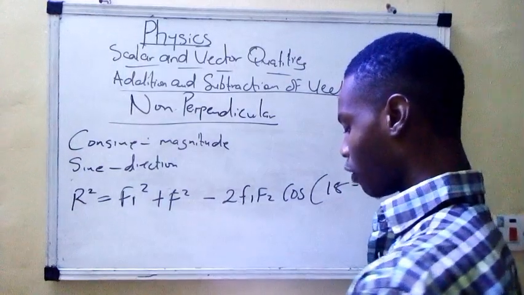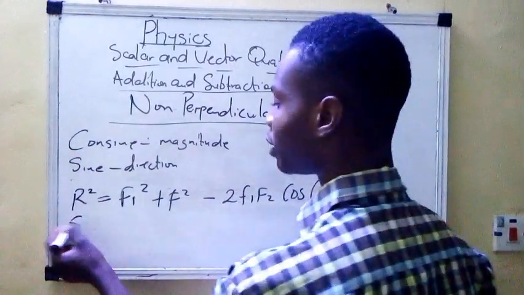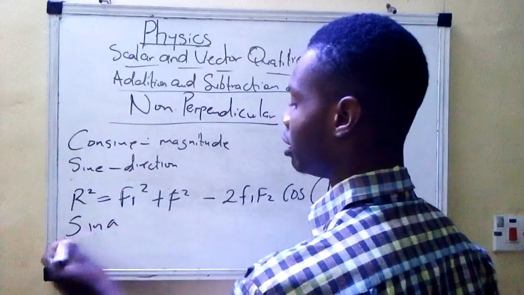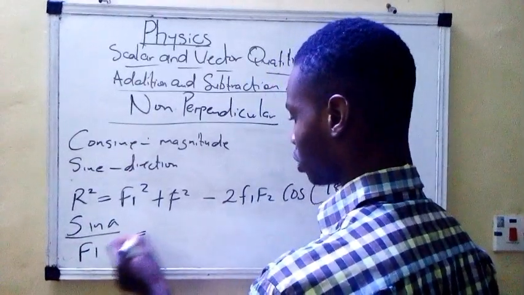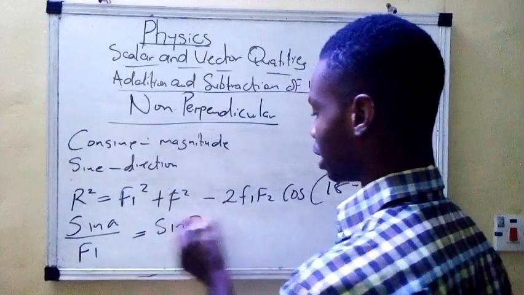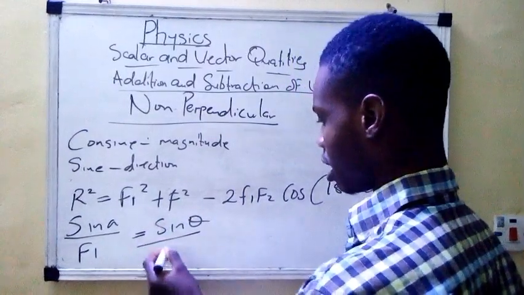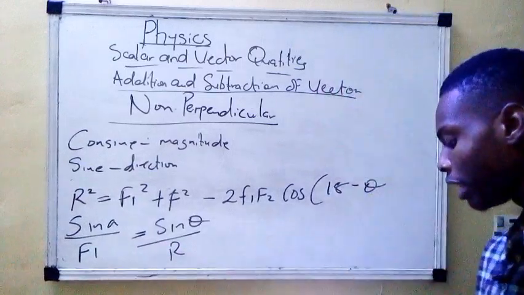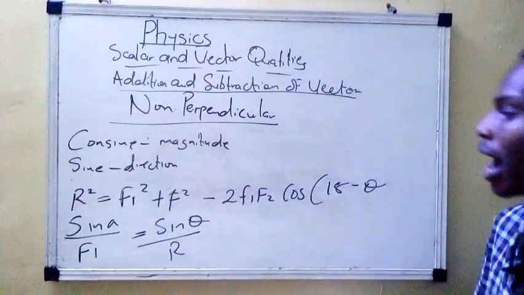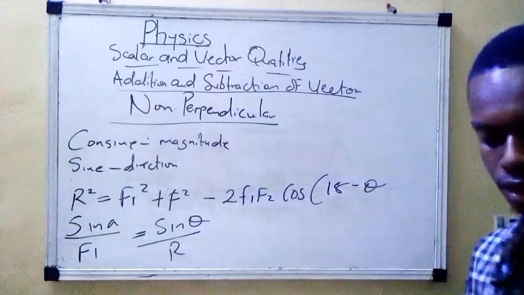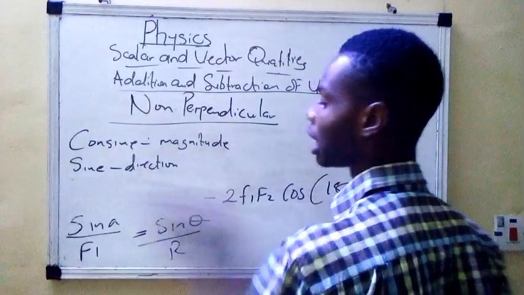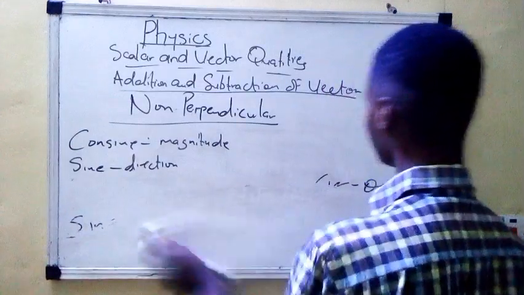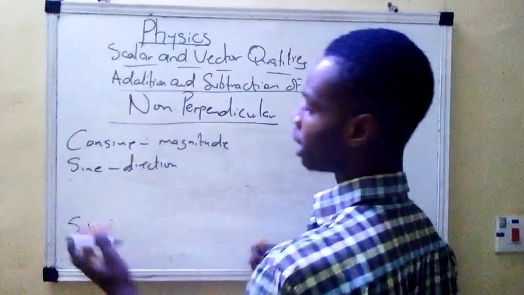Now let's go for direction. Your direction, we have sine A over what? F1 is equals to sine theta over what? R. Alright, now let's write if it is 120. If our angle is inclined at 120 degrees, it's just the same thing in the cosine rule.